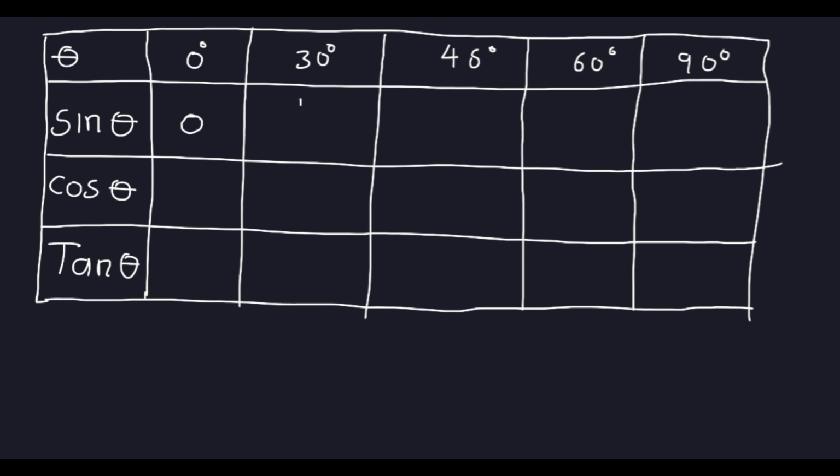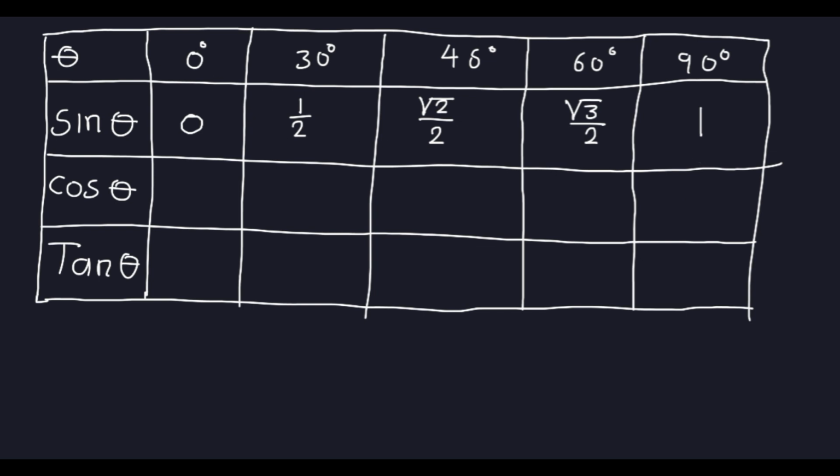Sine 30 is 1 over 2, half. Then sine 45 is root 2 divided by 2. Sine 60 is root 3 divided by 2. Sine 90 is 1.